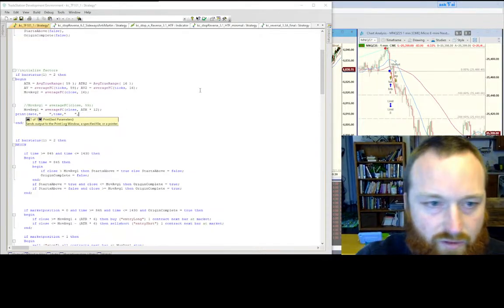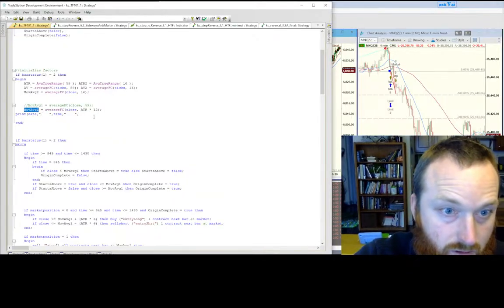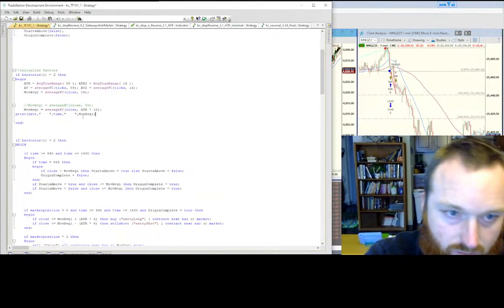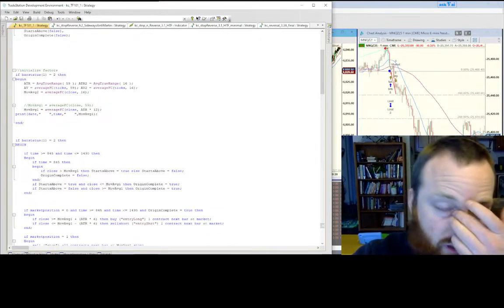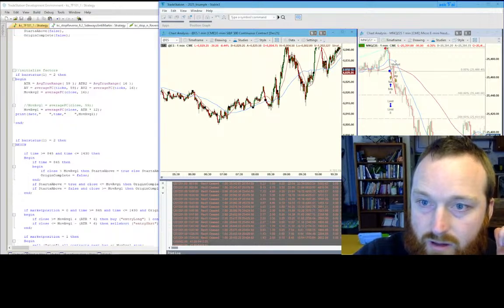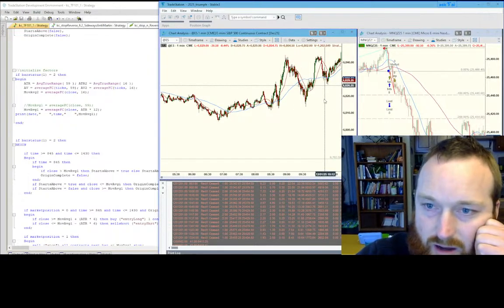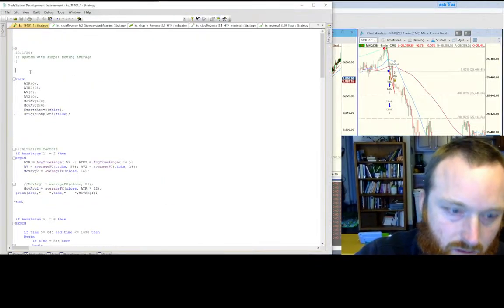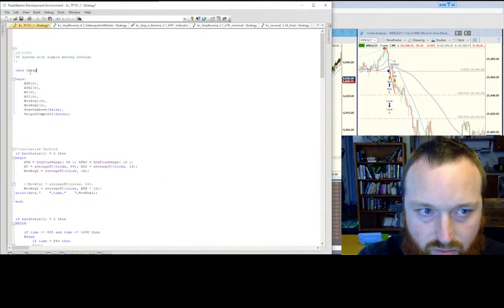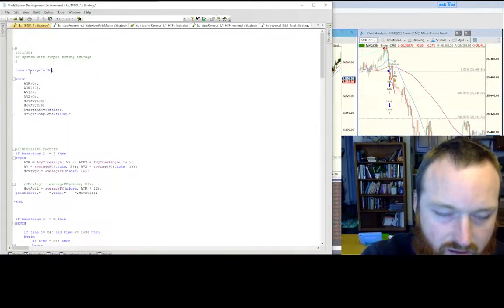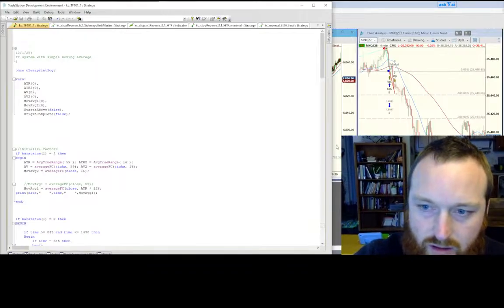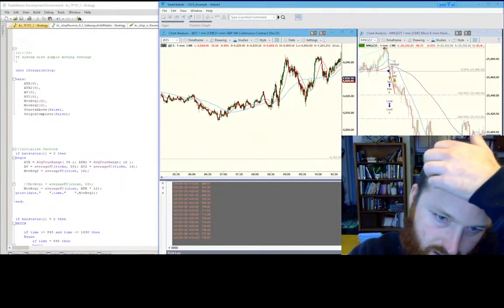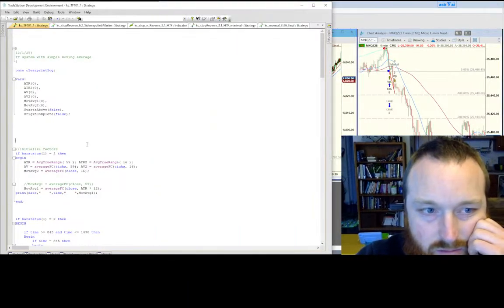I need to print the moving average. I need to know where the moving average is at this point, like at 68.25. I put a clear print log at the top of every code I've ever done, because then the print log underneath the chart clears and restarts every time I run the code.